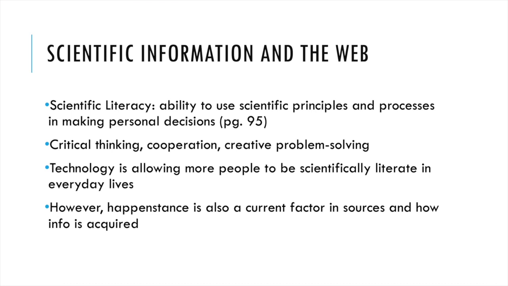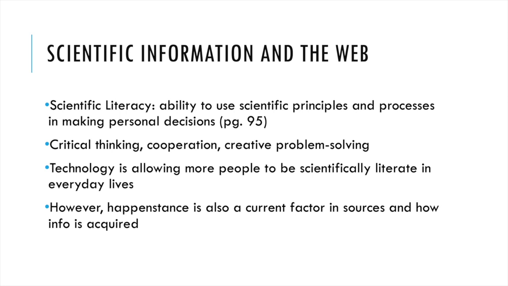Much everyday knowledge is linked to science and the production of scientific knowledge. Scientific literacy is marked by the ability to use scientific principles and processes in making personal decisions. This means that there is a connection made between science and the everyday lives of students. Some skills that science helps students to develop are critical thinking, cooperation, and creative problem solving.